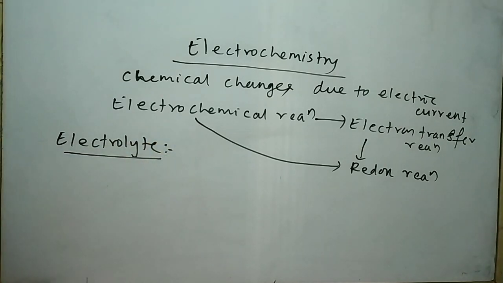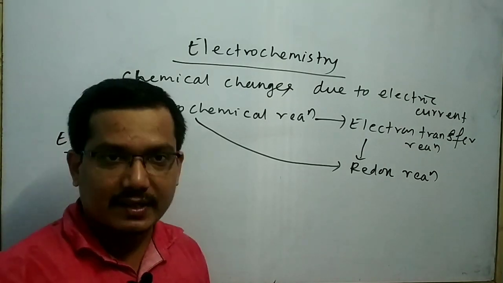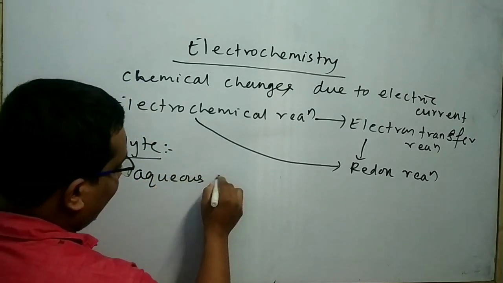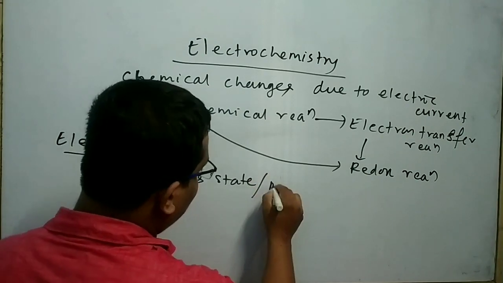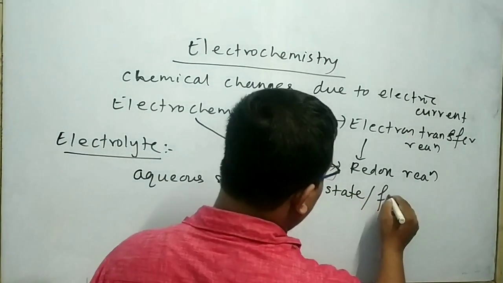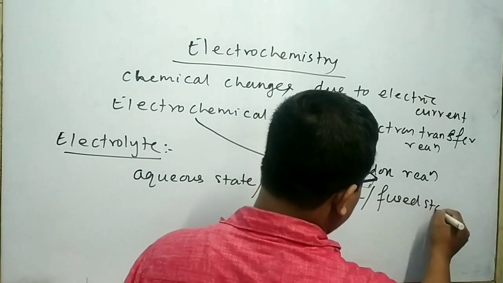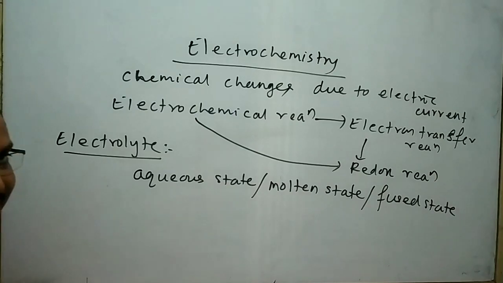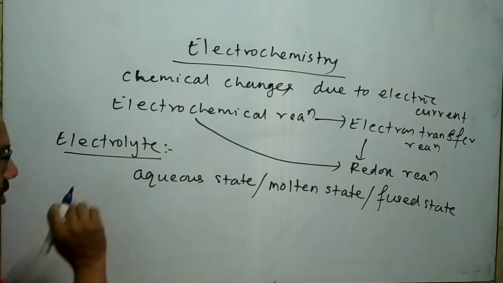Electrolytes are the substances which are able to conduct electricity in aqueous state, or molten state, or fused state. That means if a substance conducts electricity in aqueous state, then that substance is considered an electrolyte.